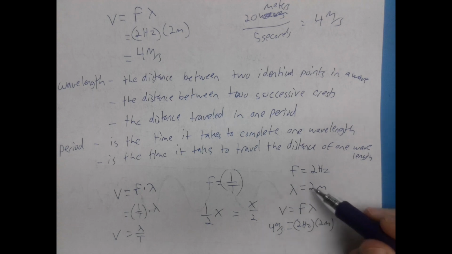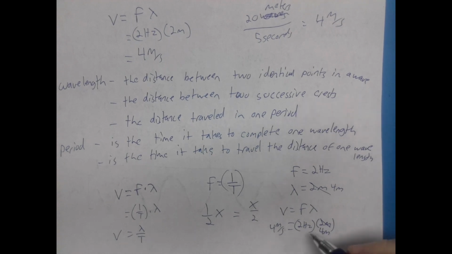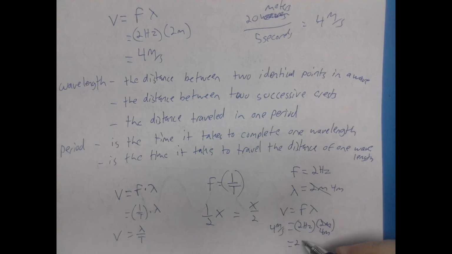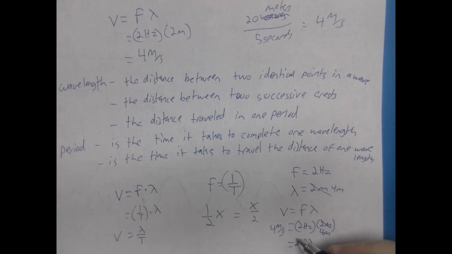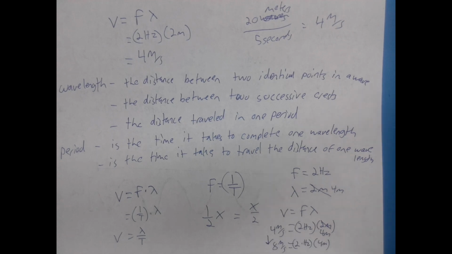If I doubled the wavelength, so let's make this 4 meters, 2 times 4 is 8. So what happened to the speed of the wave? If we go from 2 to 4 meters of wavelength, the speed would double.